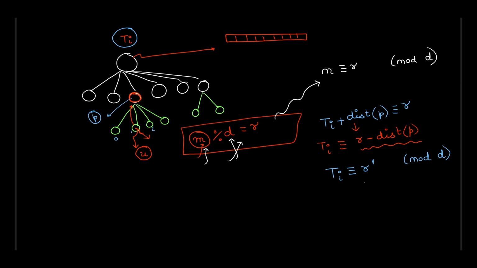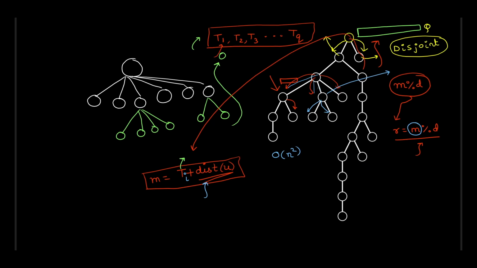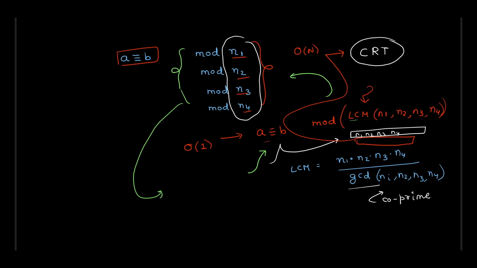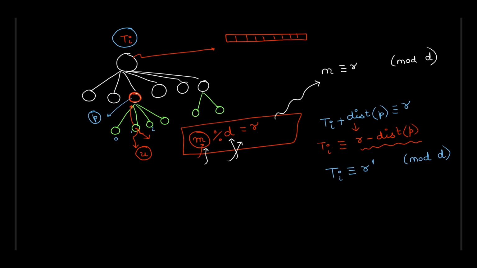Now remember when we were discussing this congruence part, we had emphasized one fact: if a is congruent to r, and b is also congruent to r, then even without knowing what r is, you can simply say that a and b are equal to each other. That is, they are identical, they are congruent.